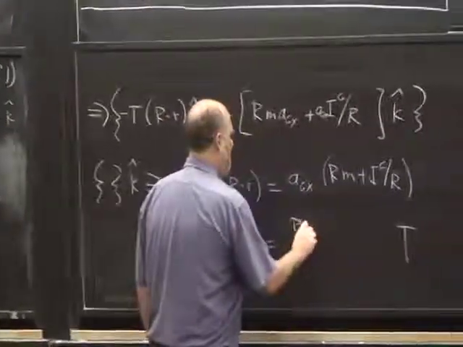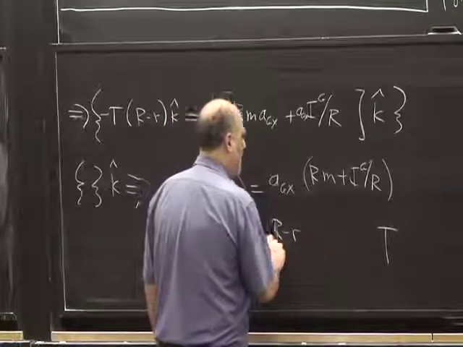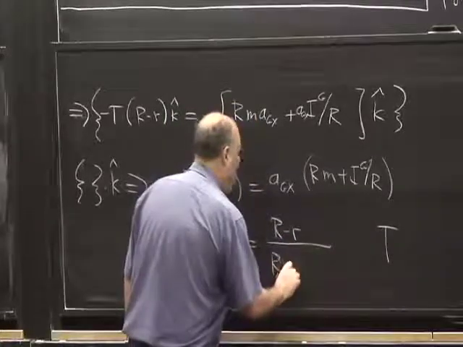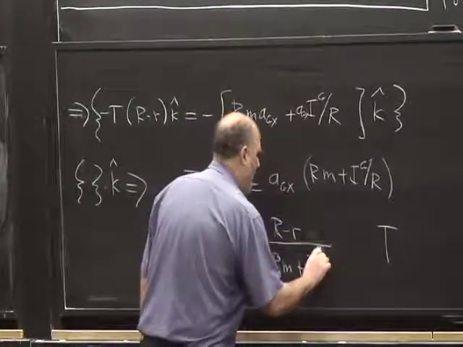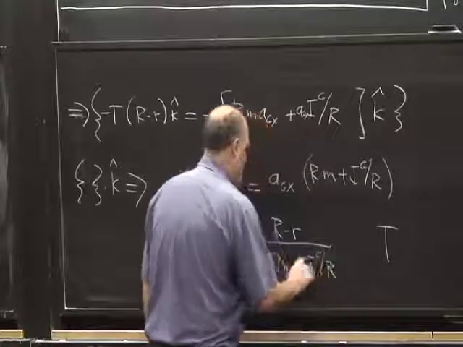It's an r minus R divided by RM plus IG over R.